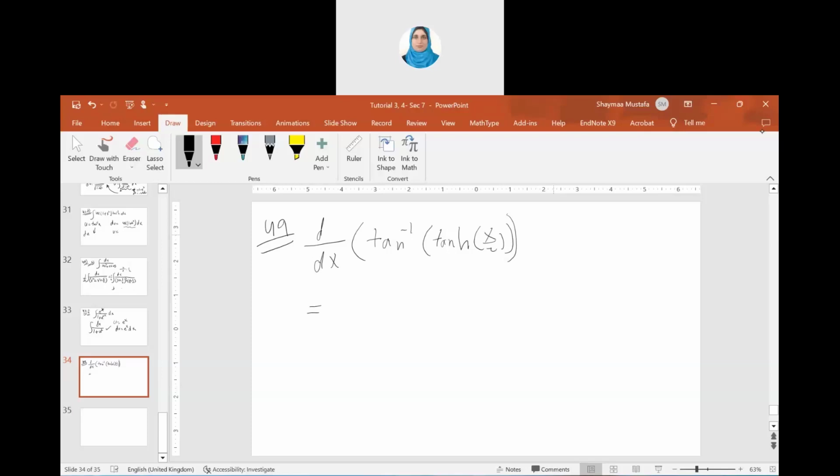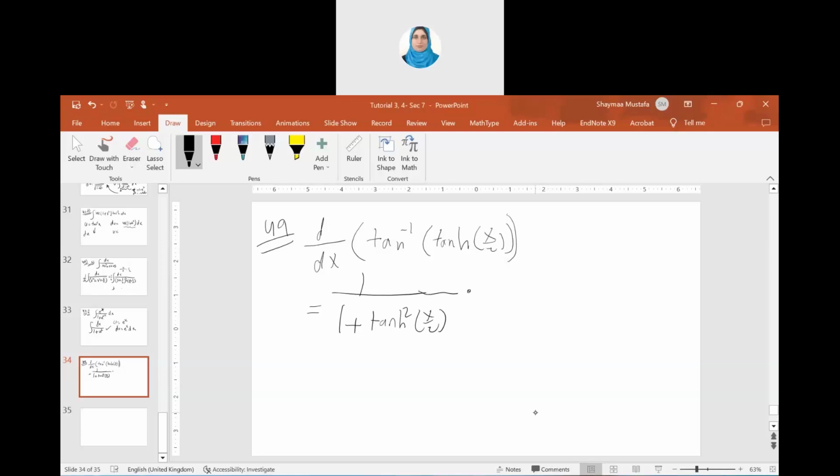The derivative of tan inverse u is 1 over 1 plus u square, times the derivative of u. Here u is tan of x over 2.